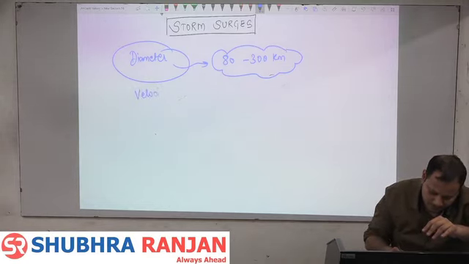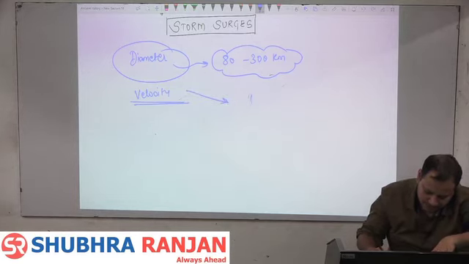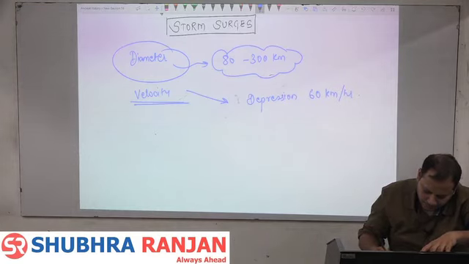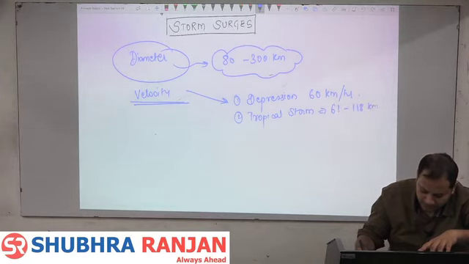Velocity of the winds: depressions 60 kilometers per hour. It is known as tropical storm when its velocity is between 61 to 118 kilometers per hour.